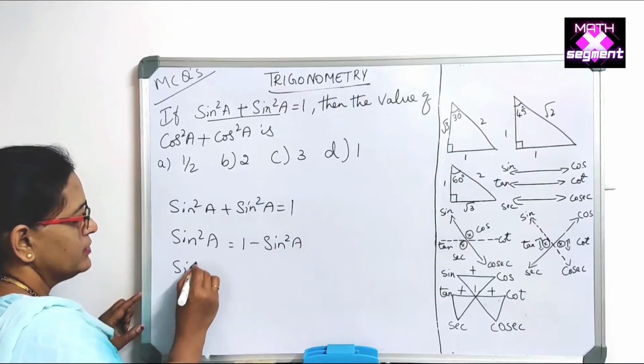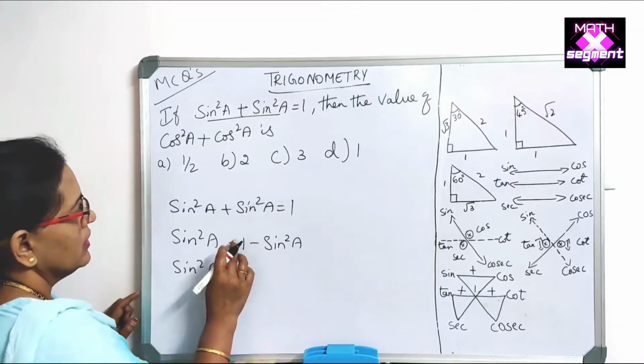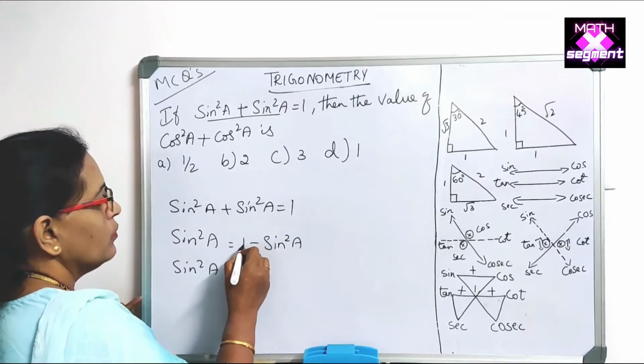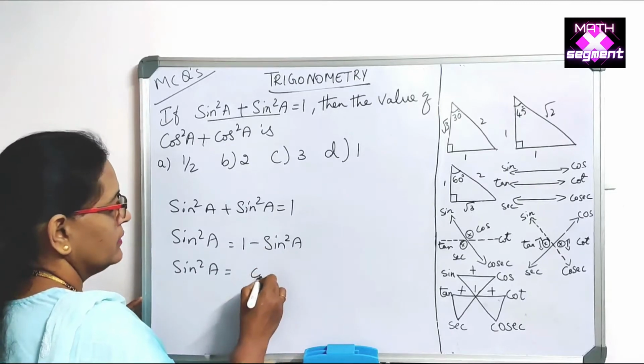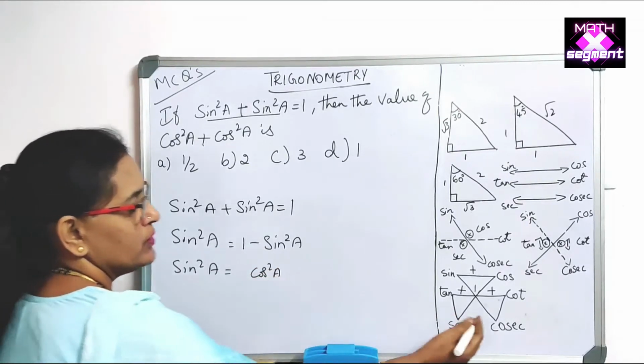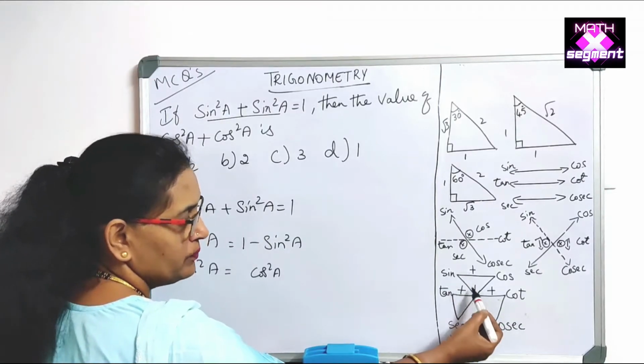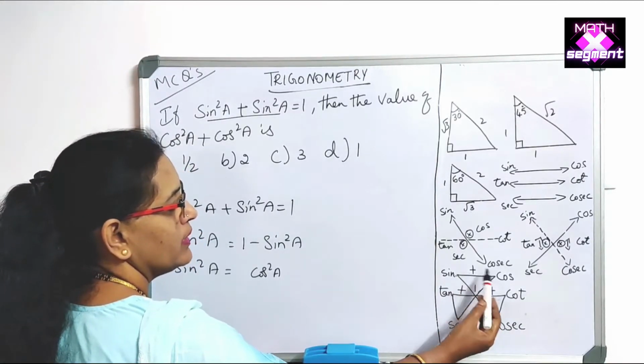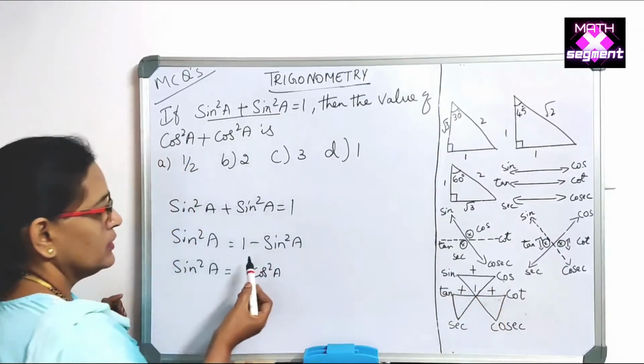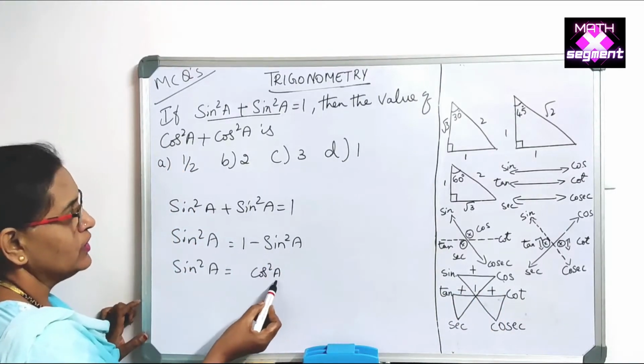So here sin square A is equal to 1 minus sin square A, which is nothing but cos square A. Because from this identity you can see, if you take it from down to up, that is 1 minus sin square, then you get cos square. So 1 minus sin square is nothing but cos square.